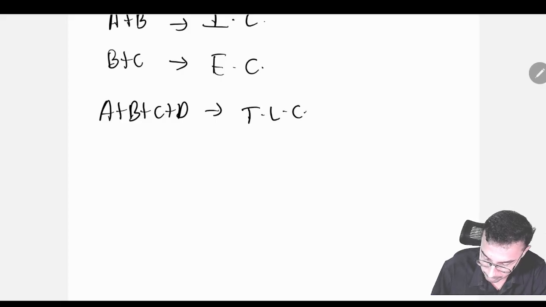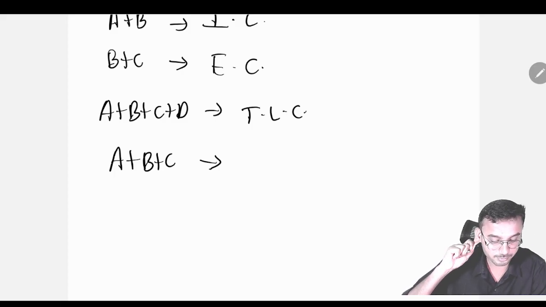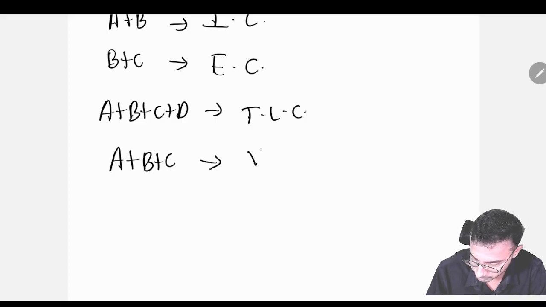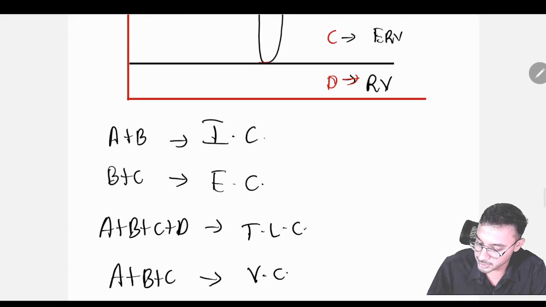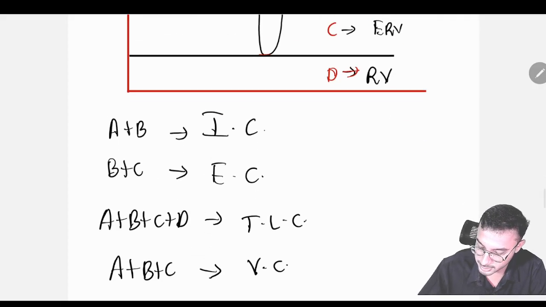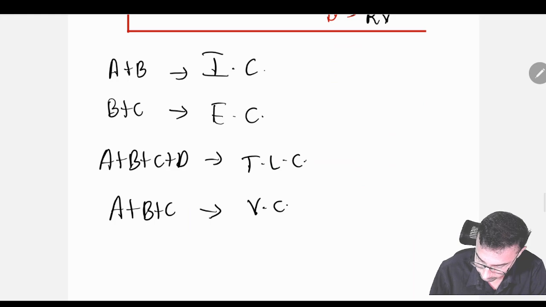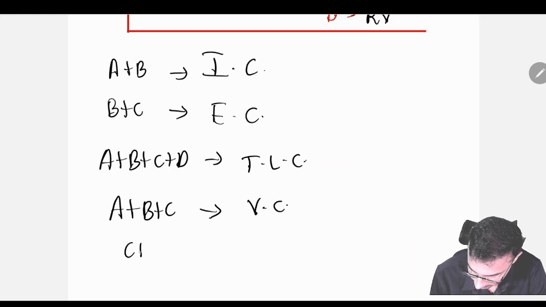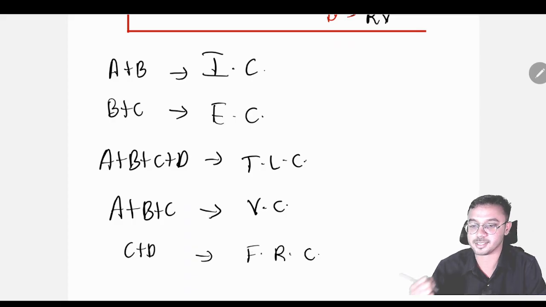And what does A plus B plus C indicate? Vital capacity, right? And RV plus ERV, that is C plus D, what does it indicate? Functional residual capacity, right?